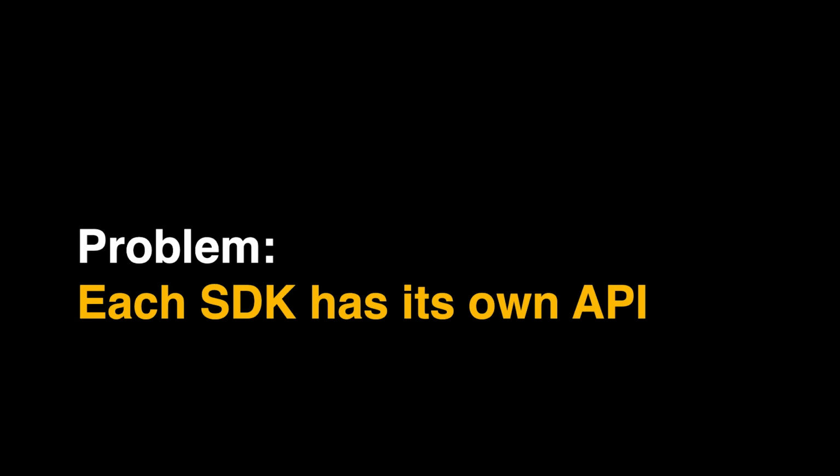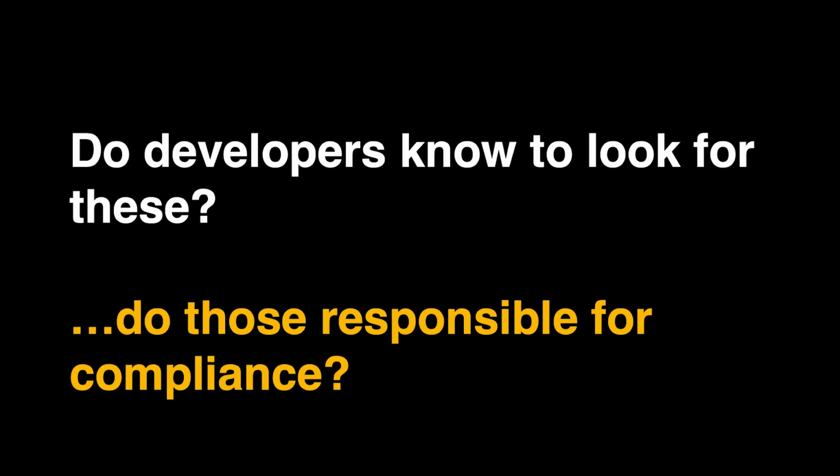And so one of the problems with this, why it's hard for, say, Google to verify that SDKs are being used correctly, is the same reason why it's hard for developers to verify that they're using the SDKs correctly. Each SDK has its own API with its own documentation that developers must just figure out. And so one of the big questions is, do developers know to actually look for the documentation when you're going to use a third-party SDK to solve some task in your app?